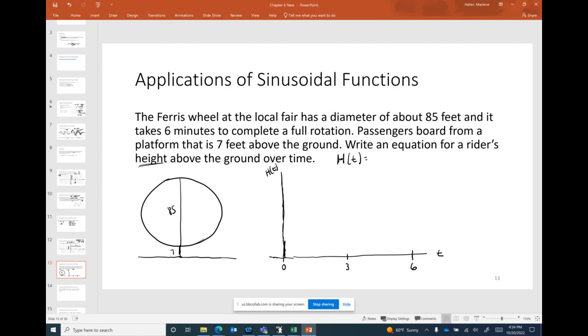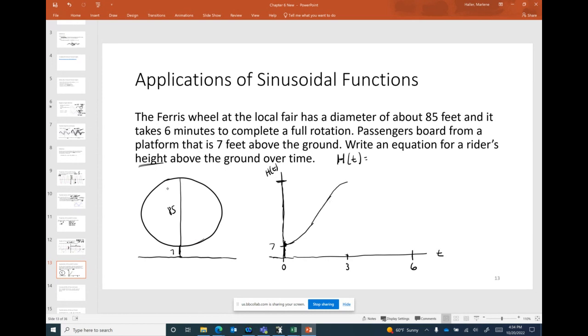All right, so what's going on here with this? We start at 7 feet. So there's our 7. So at time 0, we're at 7 feet. When we get halfway around, that would be at 3 minutes, right? If it's evenly traveling, we'll assume that it is. So after that time period, it's going to be right up here. So it's slowly going up.